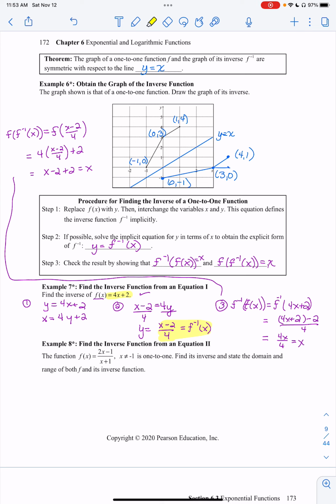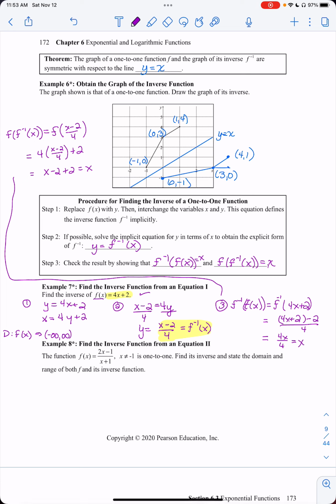If we do the same thing, one thing to note is that the domain of our original function, the domain of f here was all reals, right?